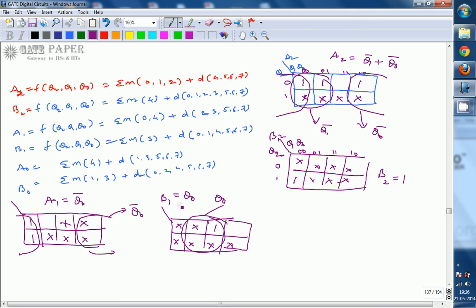And next, a naught, if you go with, this is for a naught. a naught consisting of only 4 is nothing but this one, and 1, 3, 5, 7, this is 1, and it is 3, 5, 6, 7.